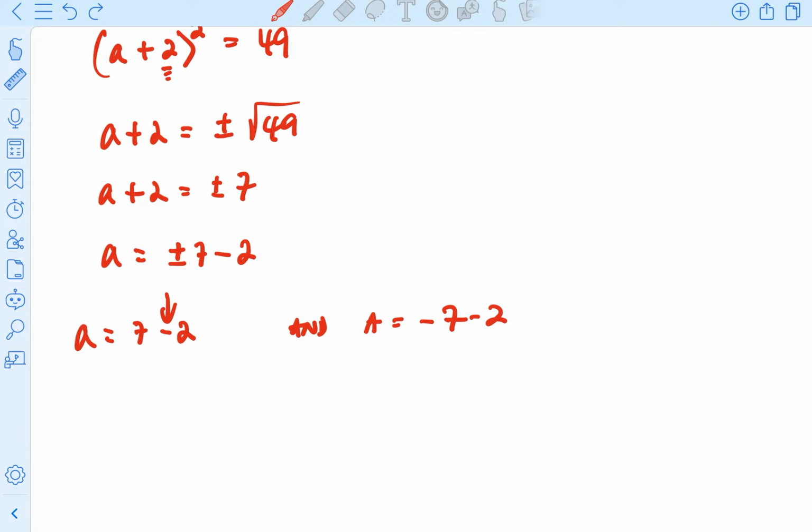That's not the sign you're changing, right? The plus or minus is on the 7, okay? So it's positive 7, negative 7, okay? So this will be a is equal to 5, and a is equal to negative 9, right?